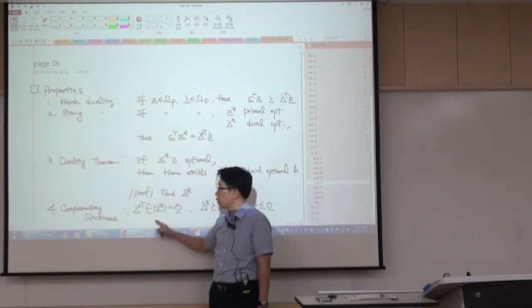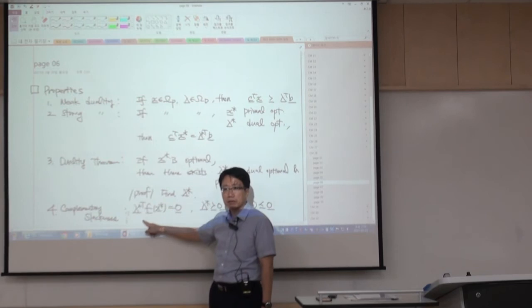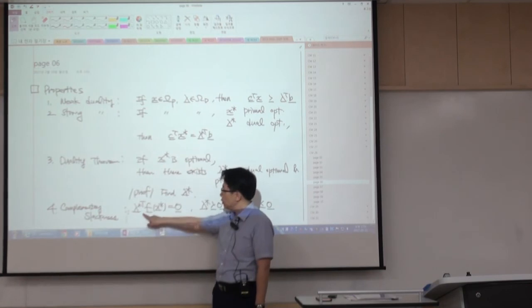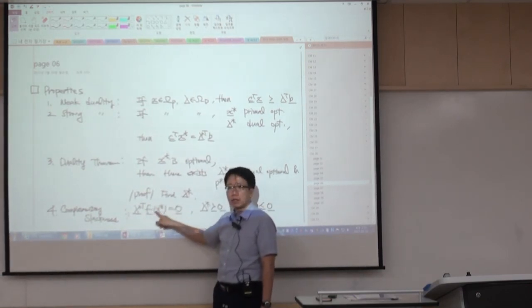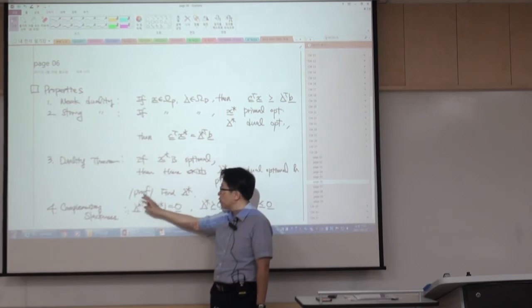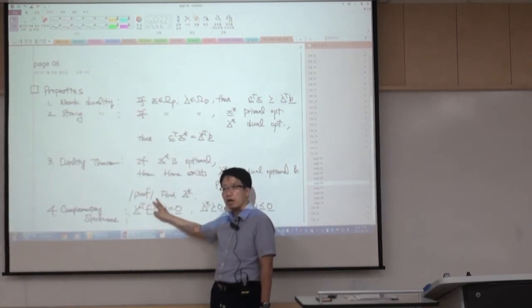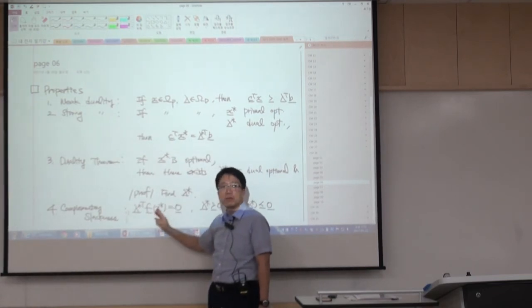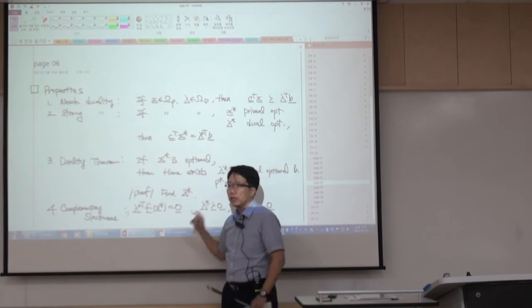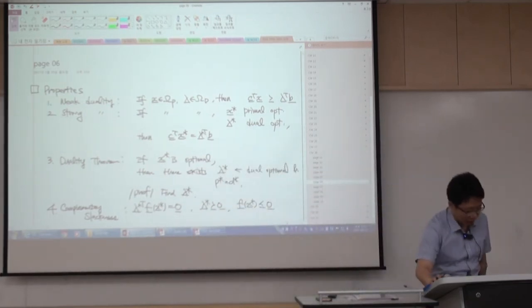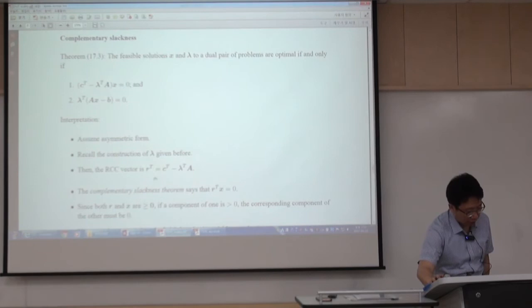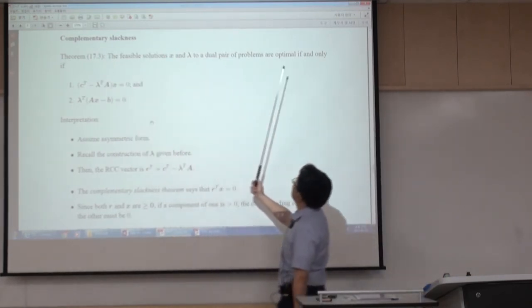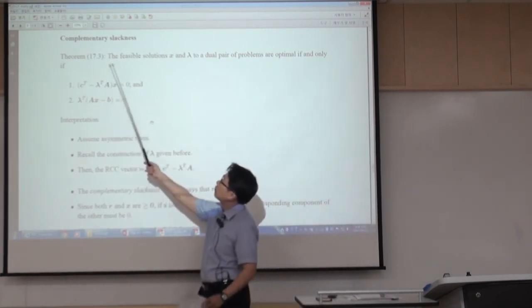Because this Lagrange multiplier vector is for the inequality constraint X greater than or equal to 0, so this f is simply X. So the complementary slackness means lambda star transpose X star equals 0. So for the standard form LP, this is very straightforward. But strangely, we have this one. The theorem says that the complementary slackness is this one.